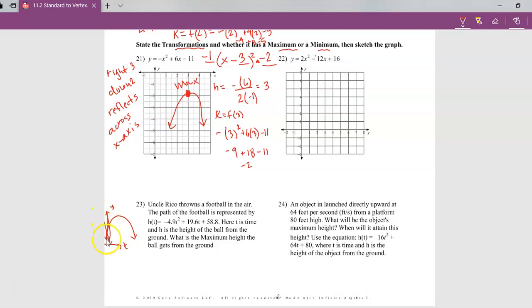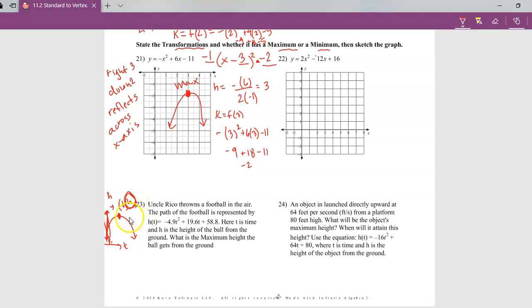The y-axis would be the height. So if I find that vertex point, the x value is going to be the time, the y value is going to be the height, and I'm looking for the max height. So what I'm really looking for is the height of the vertex.